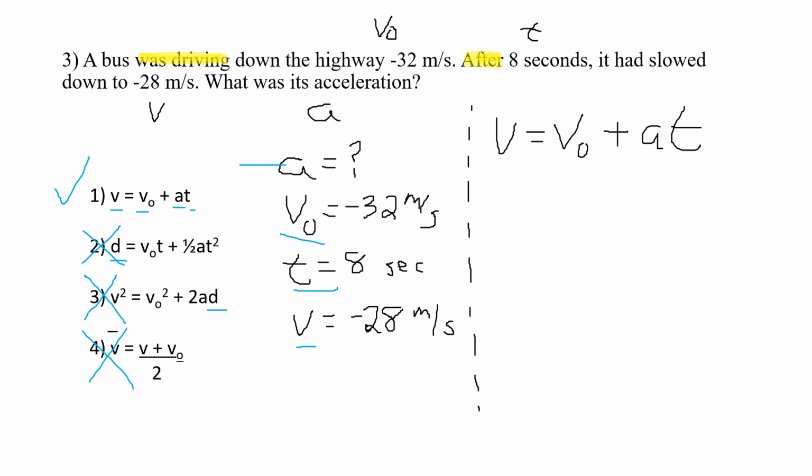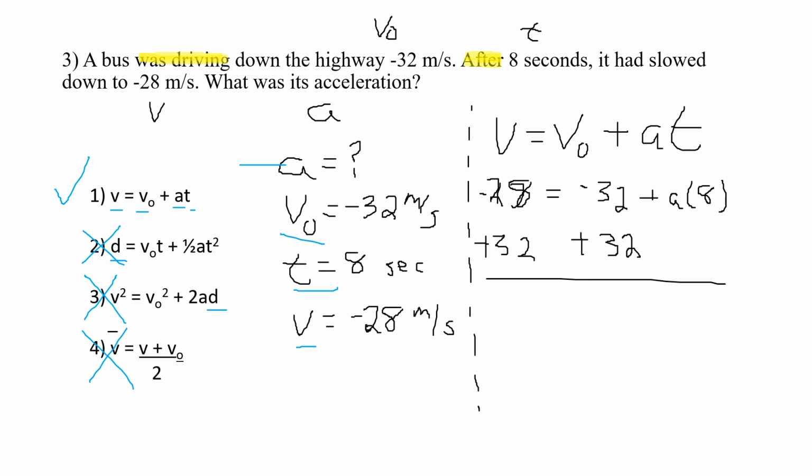V equals V naught plus AT. So I'm just going to plug in, and I'm just going to solve. Negative 28 equals negative 32 plus AT. All right, I want to get the A by itself. I'm going to add 32 to both sides, gone.